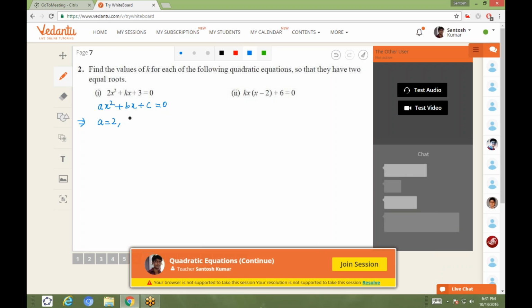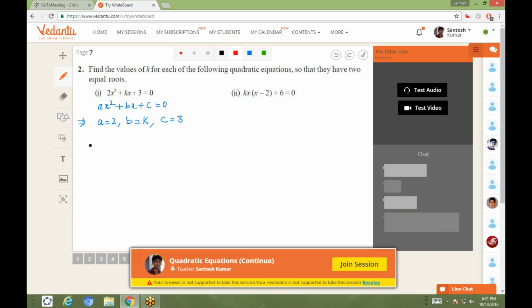Mufassir, Akanksha, please look at it properly. So a is equal to 2, b is equal to k, and c is equal to 3. Just because you do not have any constant value like 1, 2, 3, don't think that b will not be k. So b will be k here.